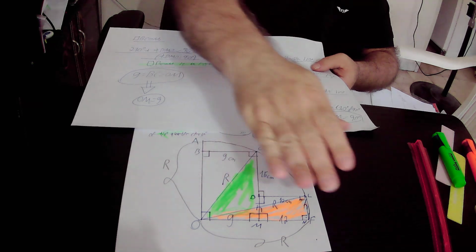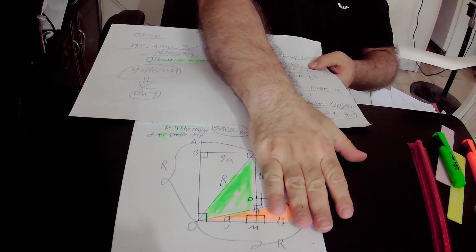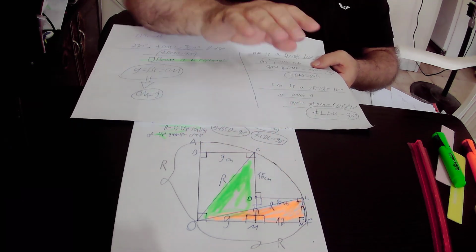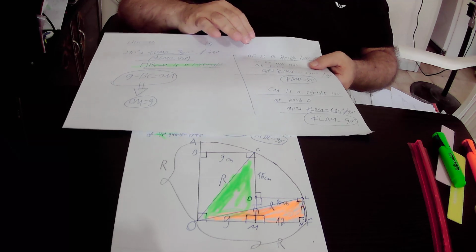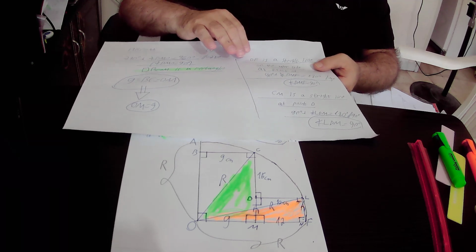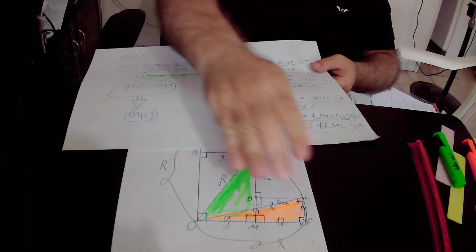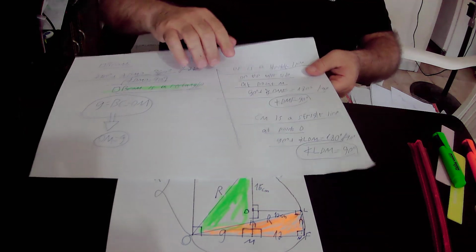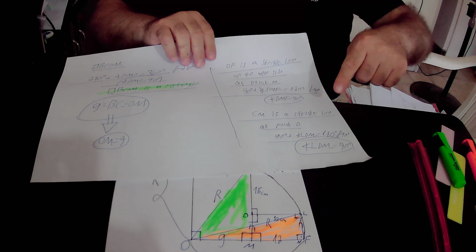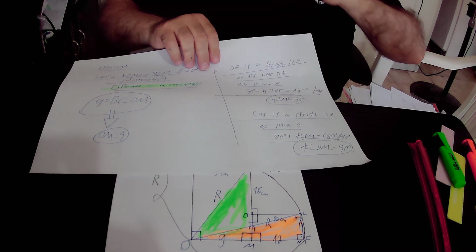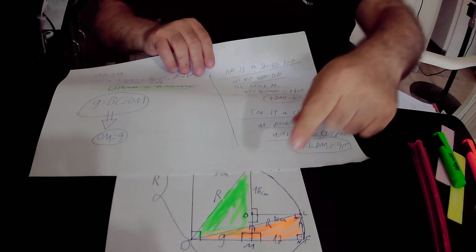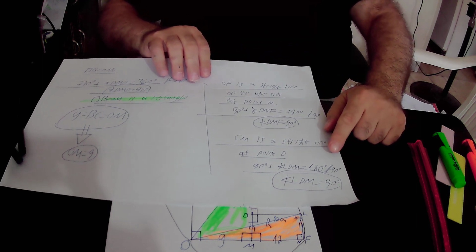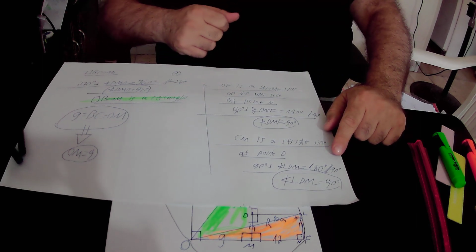So if we focus on this side of the straight line CM at point D, then the sum of the angles must be equal to 180 degrees. So which angles do we have on this side of CM at point D? We have here 90 degrees, plus this angle, that is actually angle LDM. In total, the sum of those 2 angles must be equal to 180 degrees according to the rule that I mentioned.